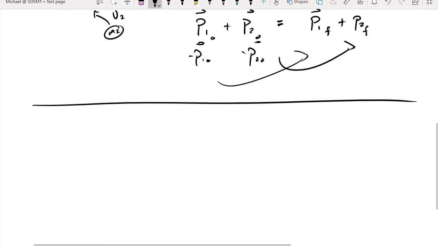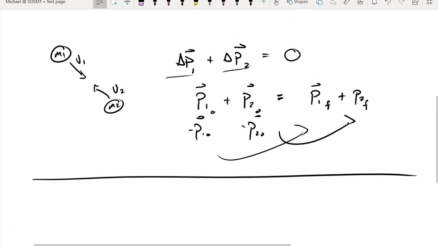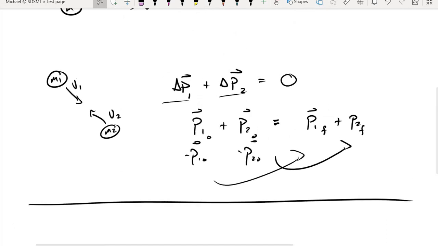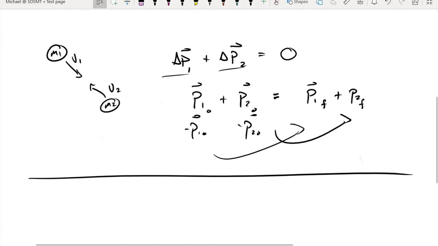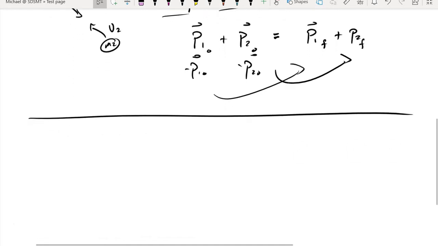It's going to transfer through the interaction of force between the two masses. But after those forces have played their part, whatever change in momentum we have for one object is going to have to be equal and opposite to the other object. And by being able to conserve the momentum before and after these collisions, we have equations that we can set up.